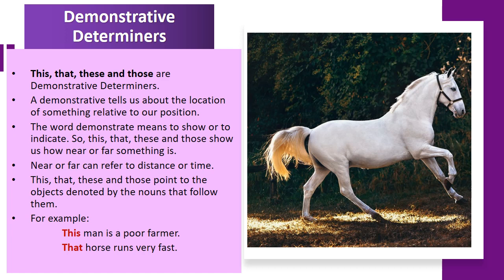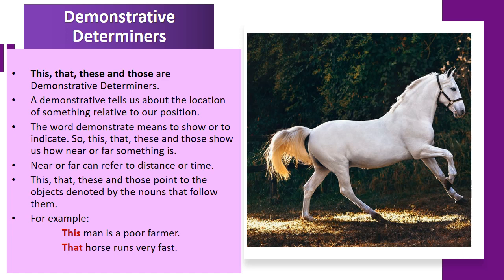So this, that, these and those show us how near or far something is. Near or far can refer to distance or time.